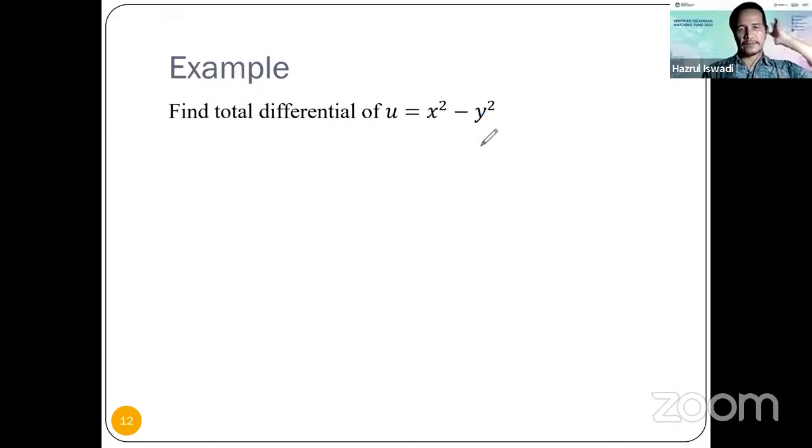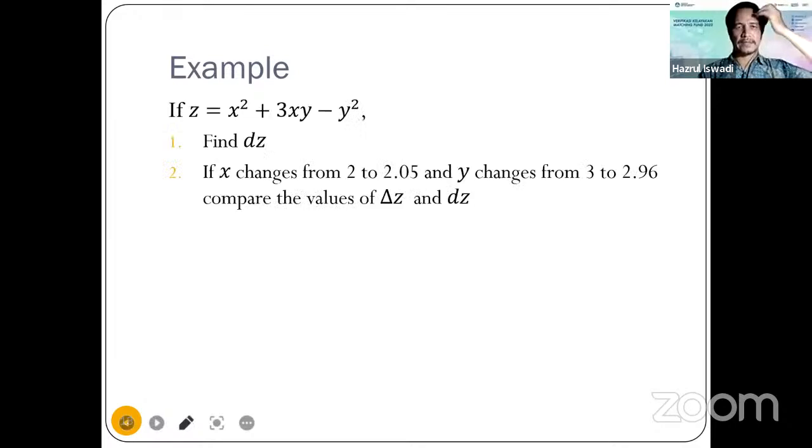Okay, let's go to the next example. In the next example, we have function z in two variables, x and y.